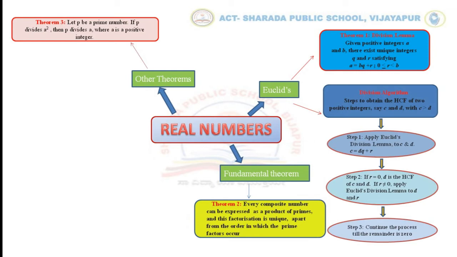Then 2 divides 4 also, because 4 square, which is the A square here, can be written as A into A, that is 4 into 4. So 4 into 4 is also divisible by 2. So that is the meaning of this theorem. Let P be any prime number. If P divides A square, then P divides A, where A is a positive integer.